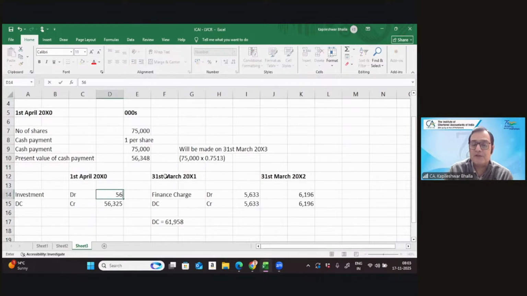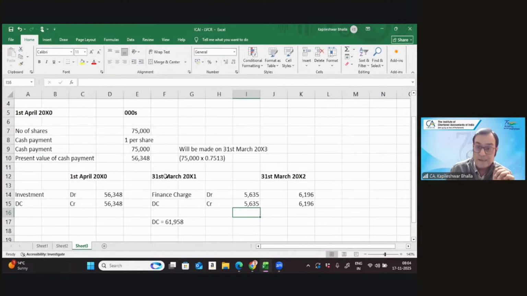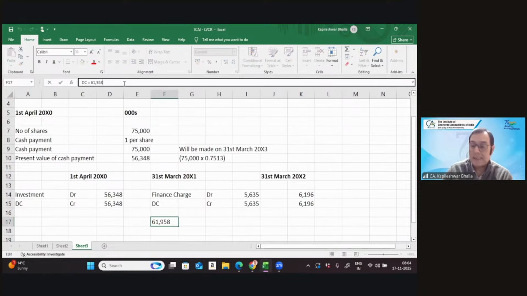So let's keep this 56,348. I think now we'll approximately reach that. One decimal place makes a lot of difference as well. So the interest is going to be 5635. Now let's see what the figure of DC is. 56,348 and 5635 comes to 61,983.